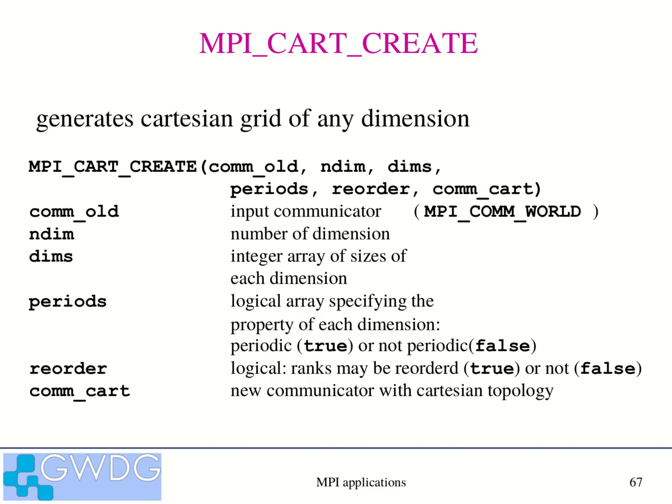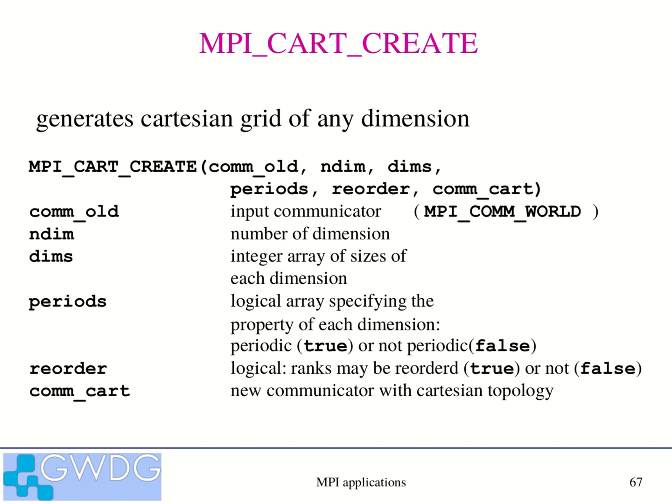Now, this step can be done with the help of MPI structures and programs. There's one function in MPI which is called MPI cart create, meaning create a Cartesian grid of any dimensions.